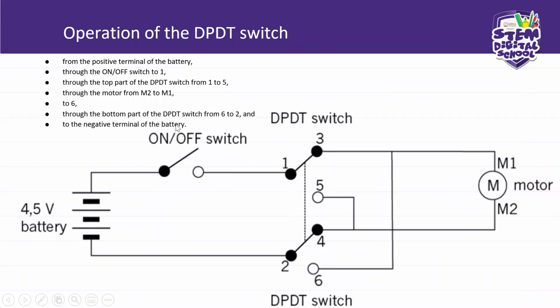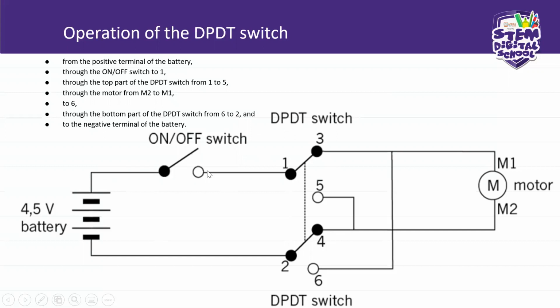Operating the double pole, double throw switch. From the positive terminal of the battery, through the on and off switch. This is the single pole, single throw.